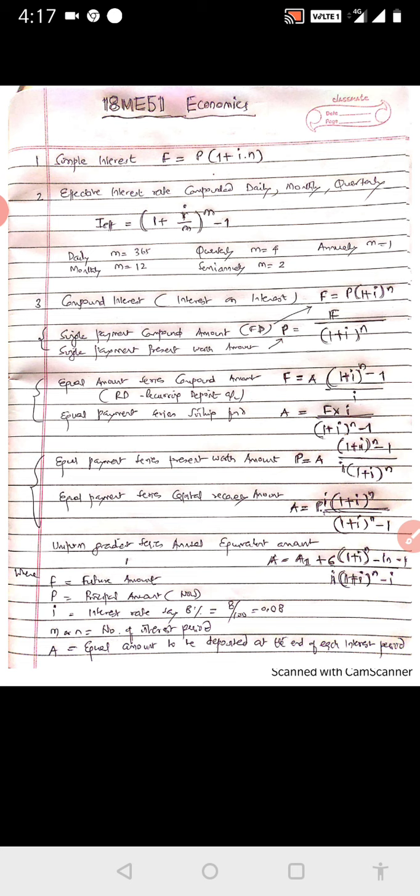That formula is F is equal to A [(1 plus I) raised to N minus 1] divided by I. And please remember, in these formulas, wherever I am using 1 plus I, the bracket completed, it is raised to N. So for a recurring deposit, suppose I am putting A, the equal amount to be deposited, 1000 rupees, in (1 plus I), with interest rate suppose 8%, 0.08, raised to N, where N is the number of years, minus 1, divided by I, again the interest rate 0.08.